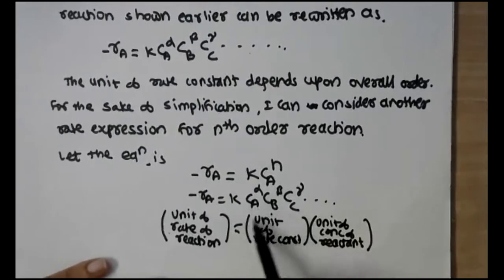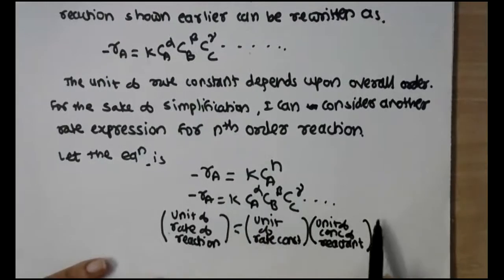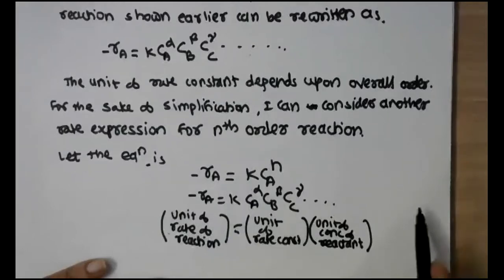Now, I may say unit of concentration of reactant A raised to alpha, unit of concentration of reactant B raised to beta, unit of concentration of reactant C raised to gamma.